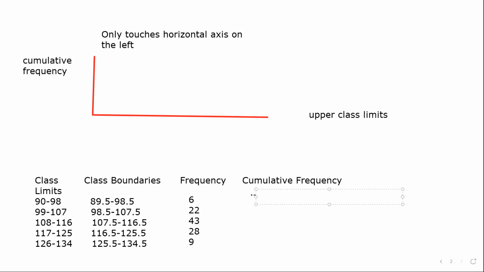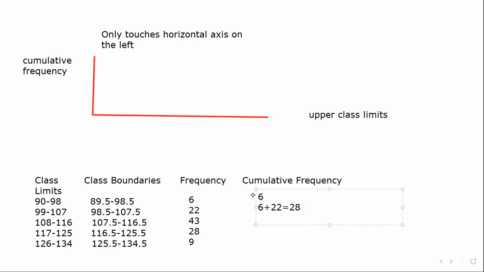Oh, we start off with 6. Right. Then 6 plus 22, which equals 28. Okay, now I think you're on the right track.